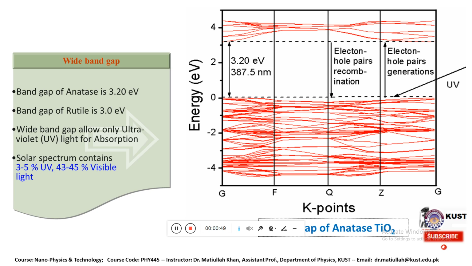Normally, this is a band structure of the semiconductor, and the band gap is actually the distance between the valence band maximum and conduction band minimum. It varies from material to material.